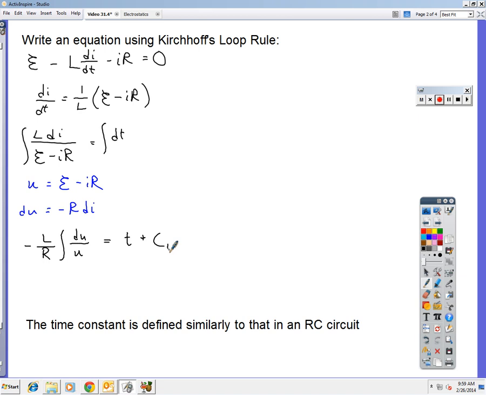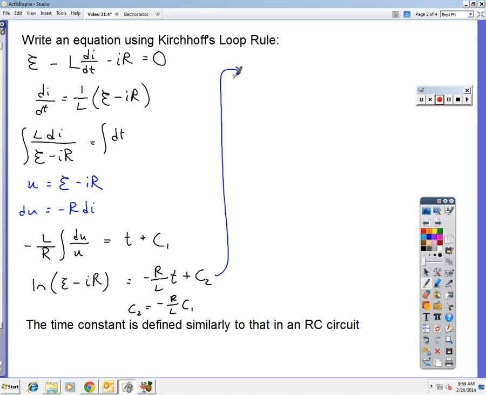When you perform the integration, you end up with the natural log of u, which is EMF minus IR, and that equals negative R over L times t plus some other constant C2. C2 happens to equal negative R over L times C1. But since C1 was an undetermined constant anyway, the R and the L don't really matter. We can leave them off, just change the name of the constant to C2.